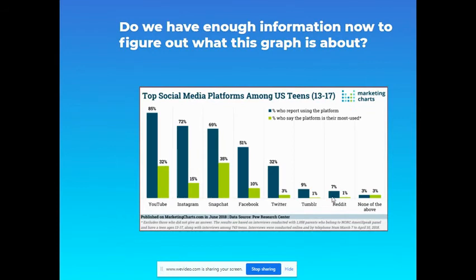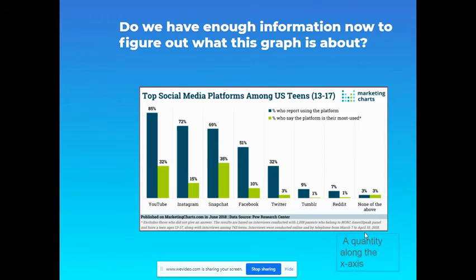Now, you might look at this and you're saying, oh, here's top social media platforms among US teens, 13 to 17. And you might look at these and possibly you don't see ones that you are familiar with or that you like to use. I think most of them you do know. This is actually from, if you look way down here, if you can see it, the spring of 2018. So 2.5 years ago.